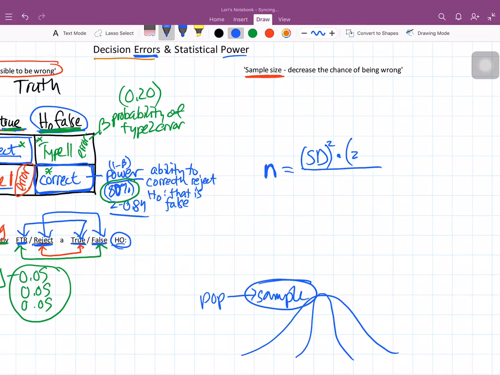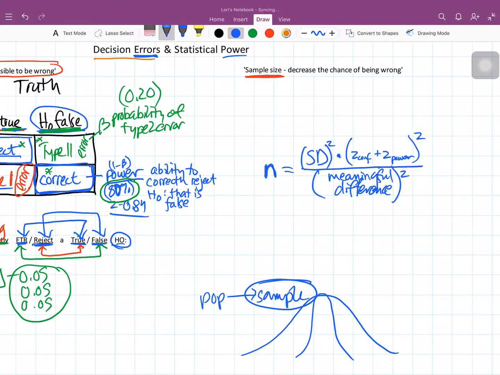So z of confidence plus z of power, squared, and all of that divided by what we're going to call a meaningful difference. And we're going to square that too.